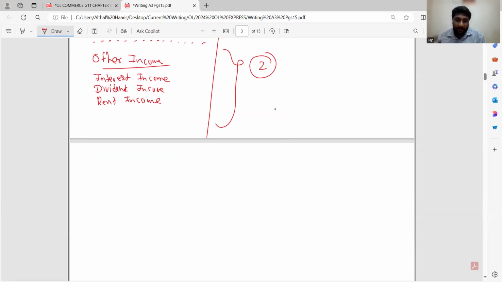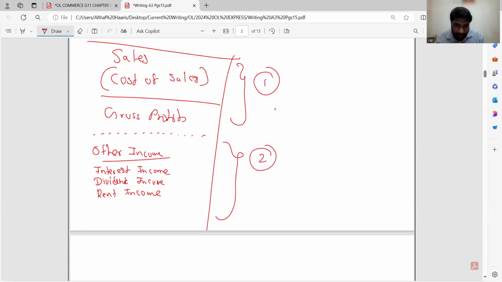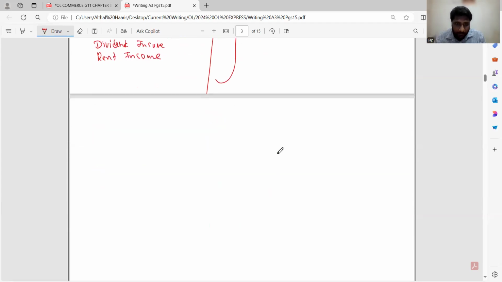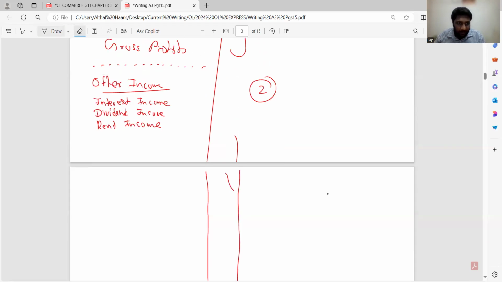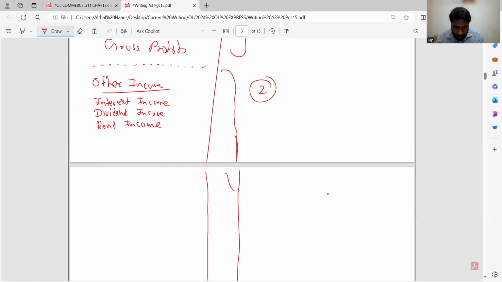Not only that, for the second part, still we are in the second part, curly bracket within the second part. A lot of other expenses are also there.